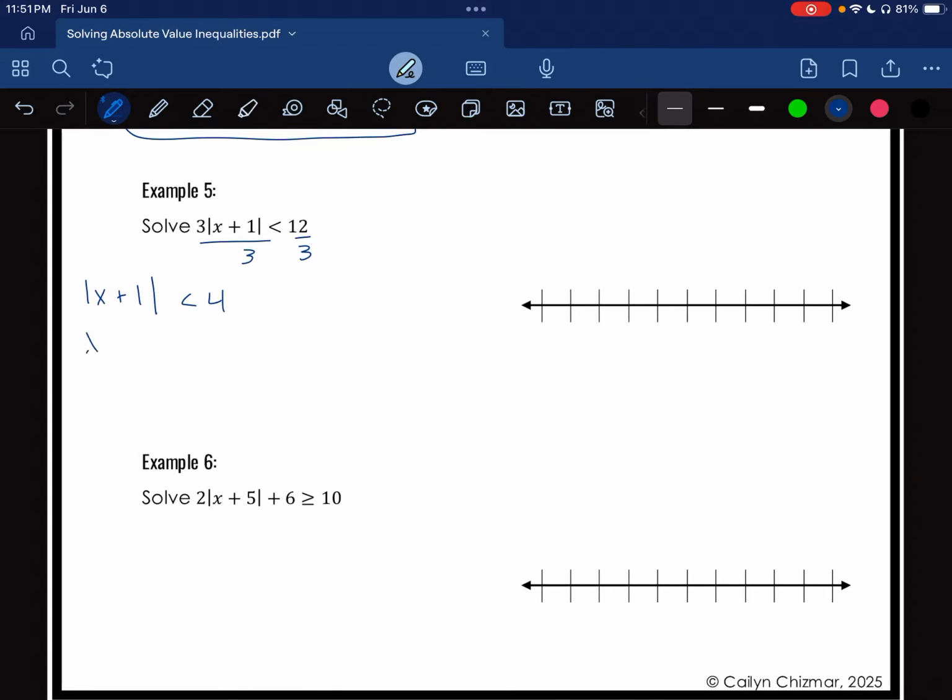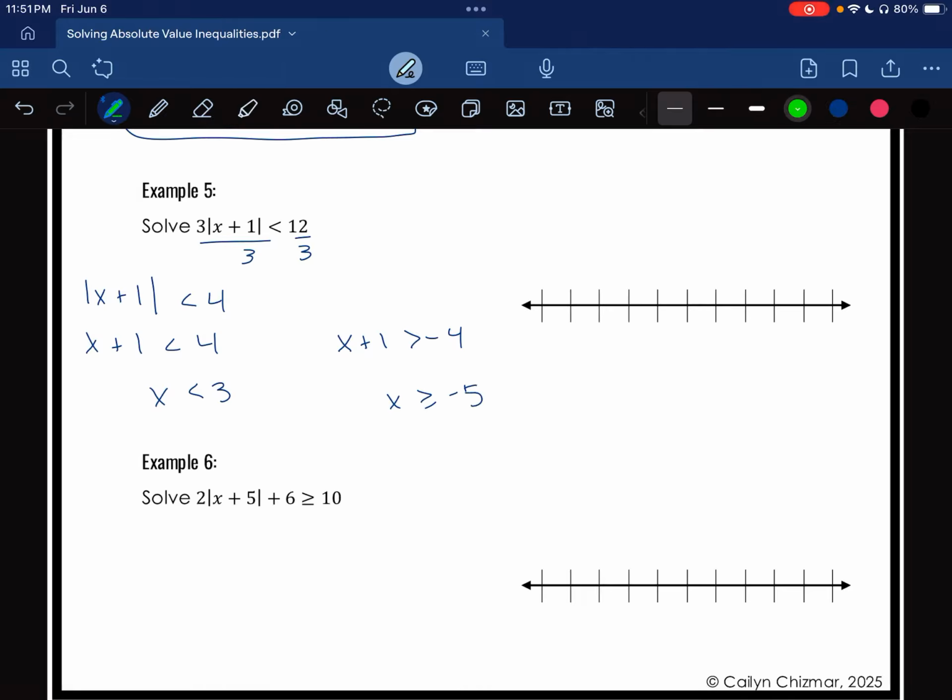So if x plus 1 is less than 4, and x plus 1 is greater than -4, this means that x is less than 3, x is greater than or equal to -5.